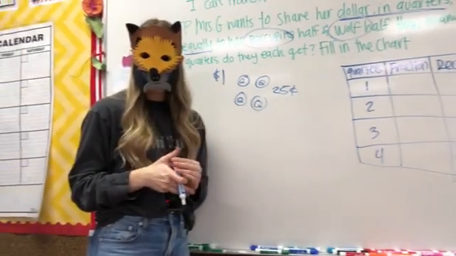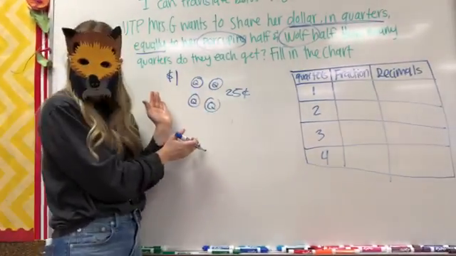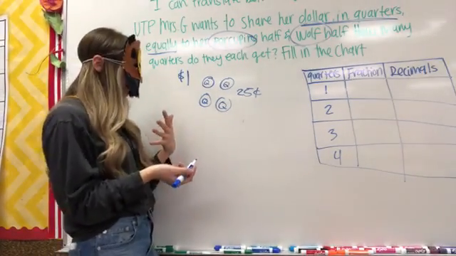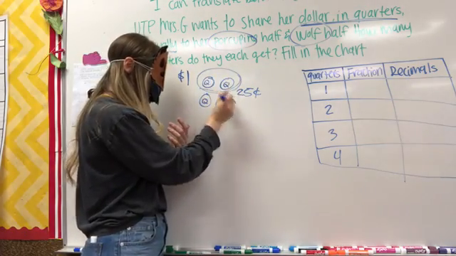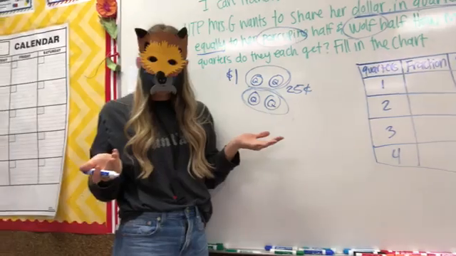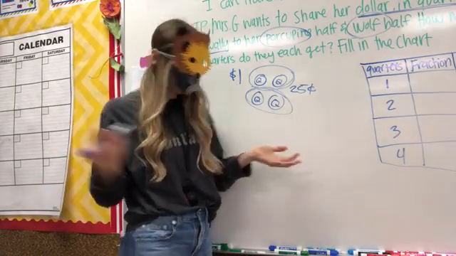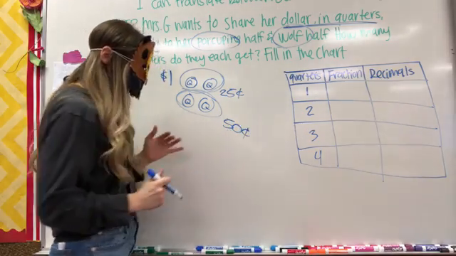So let's answer this problem nice and simply right now. If I have 4 quarters and I want to share them with my porcupine and my wolf, how much does each one get if they get it equally? Well, the porcupine would get 2 and the wolf would get 2. So if you have 2 quarters, how much money do you have? Well, 25 plus 25 is 50. So each of these guys gets 50 cents.